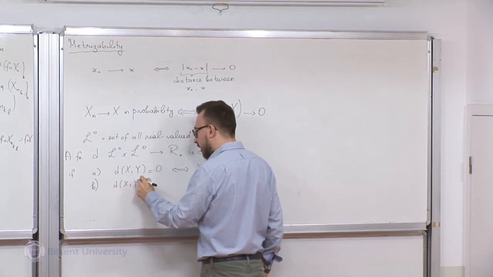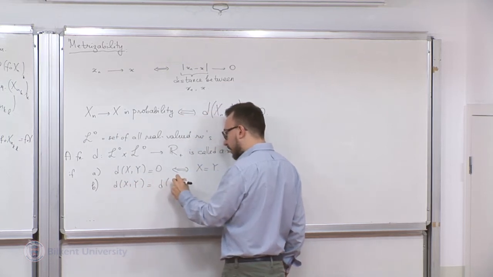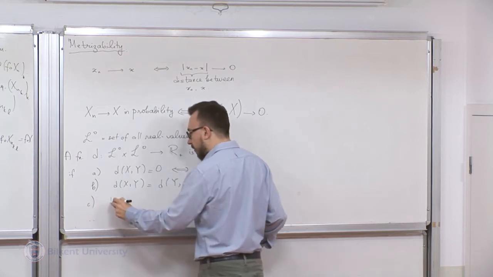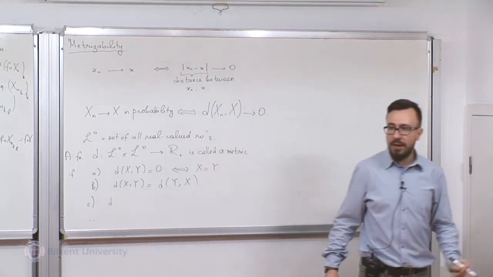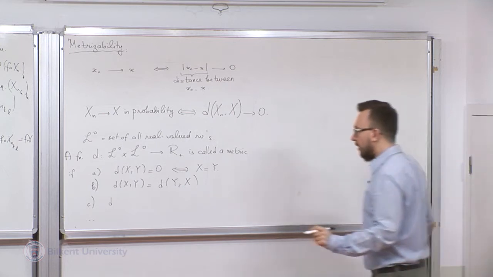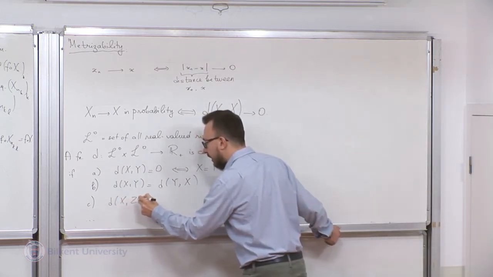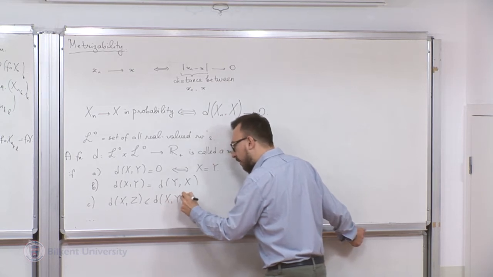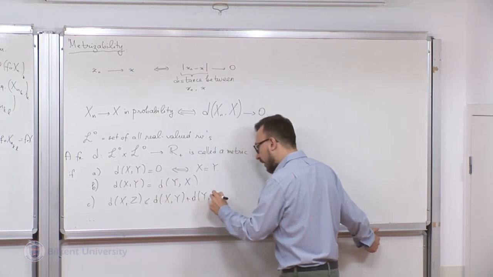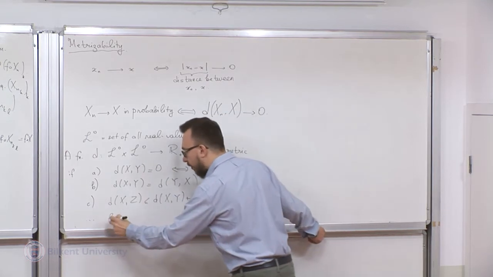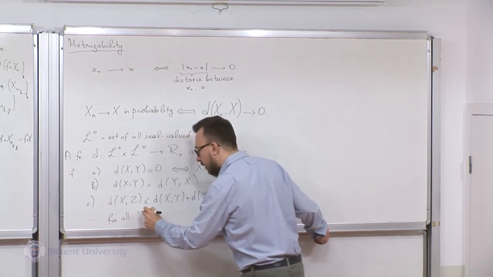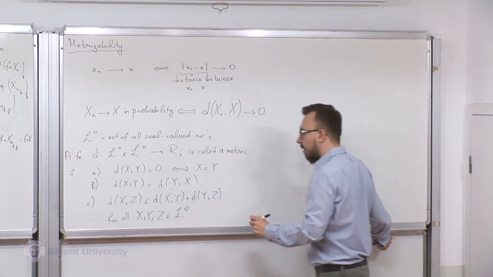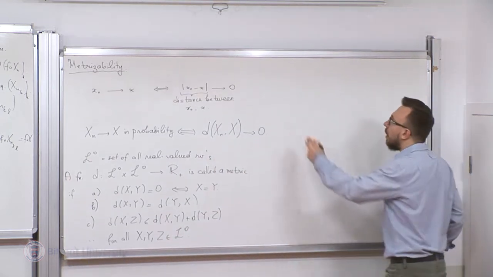The distance between x and y is the same as the distance between y and x. It's symmetric. And we have which property of metric? Triangle inequality. Okay, great. So the distance between x and z is less than the distance of x and y plus distance between y and z. So these are for all x, y, z in L0. Okay.